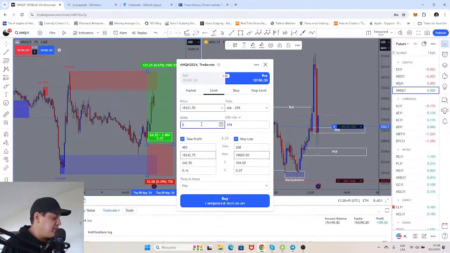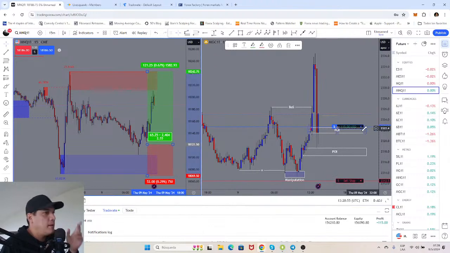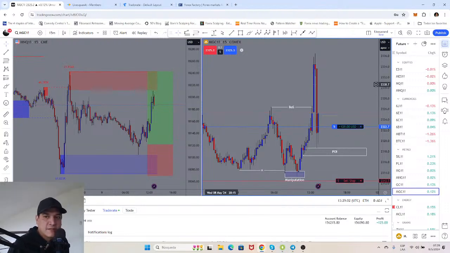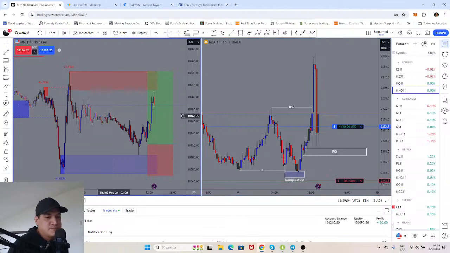So I can trade 5 micros and be able to scale in and out of my trades. But I can't do that with the full contracts. But yeah, it's pretty cool.